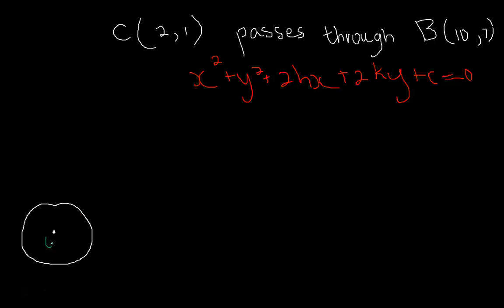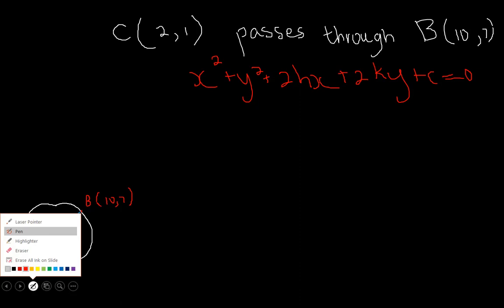They told us the center is (2, 1), and they told us C passes through point B. So what does that look like? This would be my B, which has the coordinates (10, 7). And remember, this is your C. Let me write this in green as well.